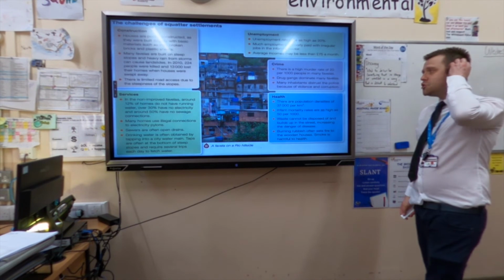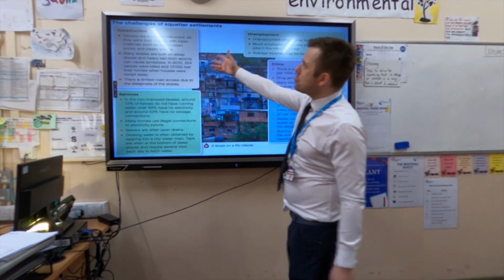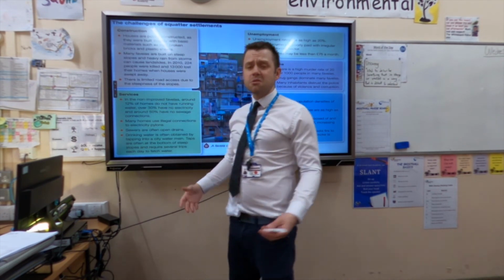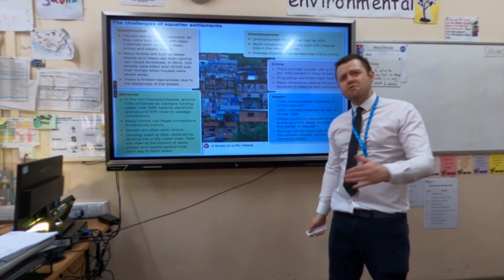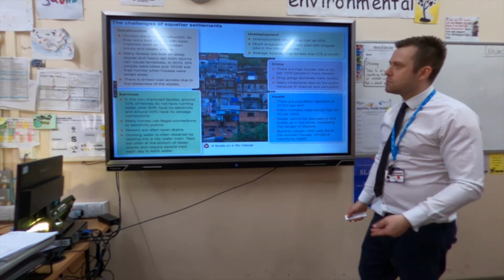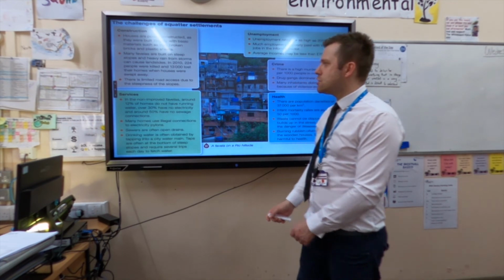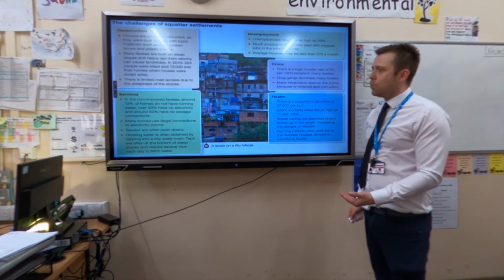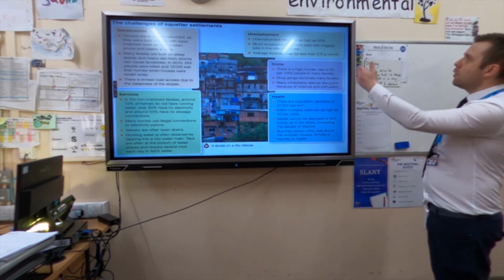Alright, but there are many challenges more generally in squatter settlements. So construction of houses on steep hills is a big problem. They're poorly constructed and they're at risk of landslide, which will ultimately kill people. Services, we've already stated that 12% do not have running water, so it's a challenge to provide this water for people.